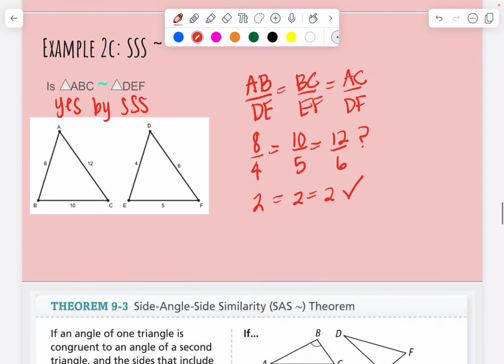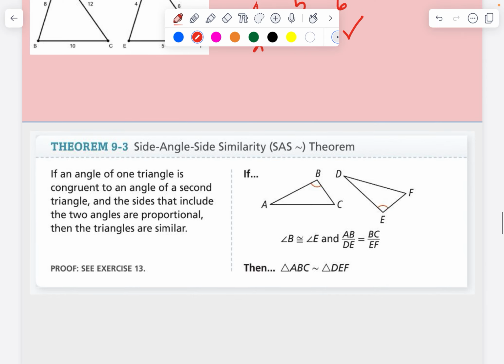The last one then, side, angle, side, and it has to go in that order. So if an angle of one triangle is congruent to an angle of a second triangle, and the sides that include the two angles are proportional, then the triangles are similar. So if we look here, we can see that angle B and angle E are congruent.